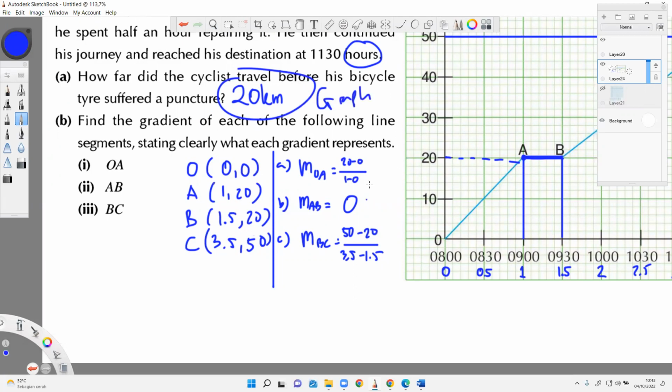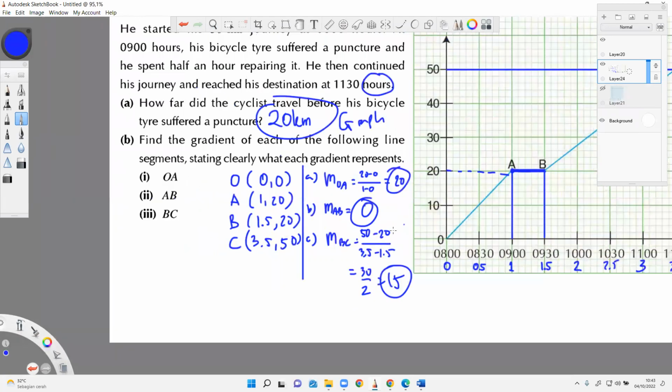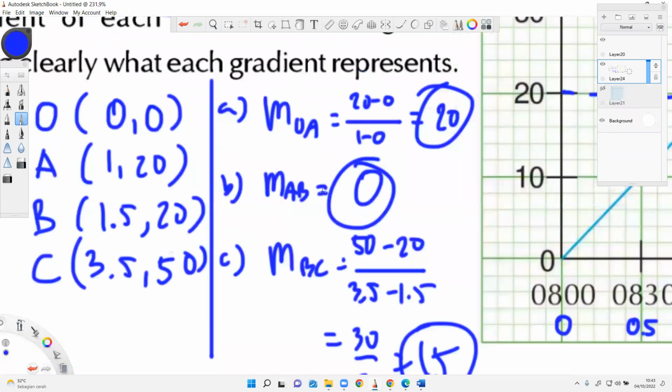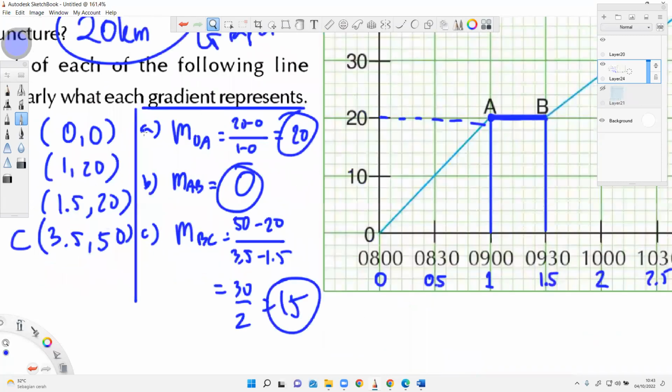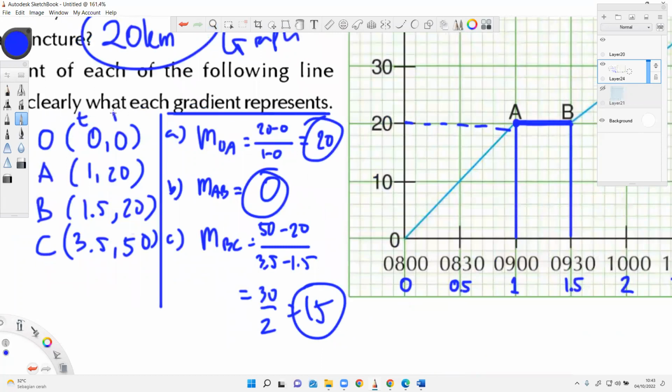Okay, and then we can find the answer: 30 over 2, right? Which is 15. Get it? And what does the gradient represent? What does the M represent? Look, if 20 stands for the distance, the bottom part stands for the time, right? So this is the time, this is the distance.